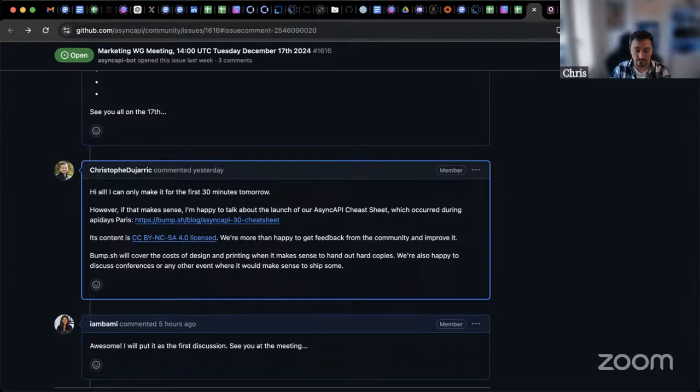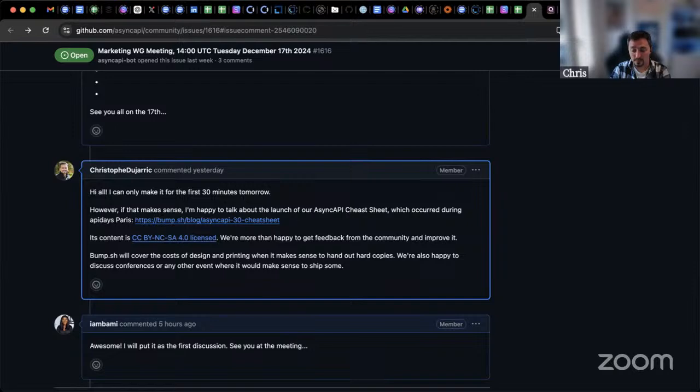Yeah, that's great news. What I wanted to say is, first of all, it is available online. It is open source. It is somewhat different from the one that exists already in the AsyncAPI repositories. Hopefully both of them can be valuable.